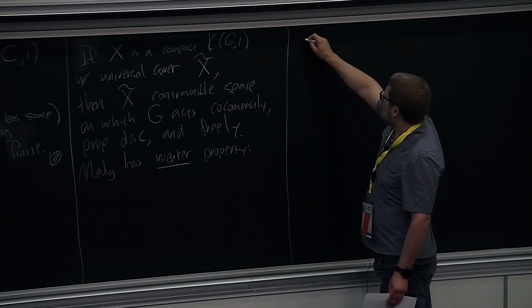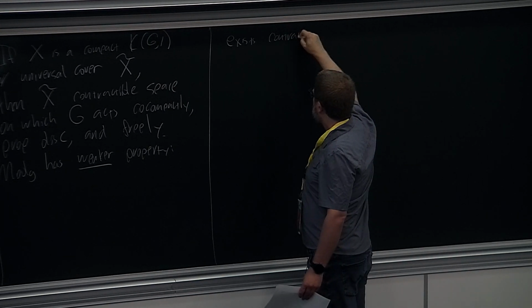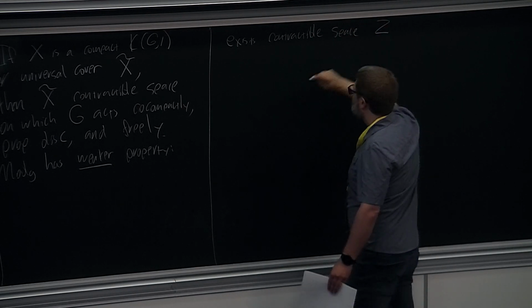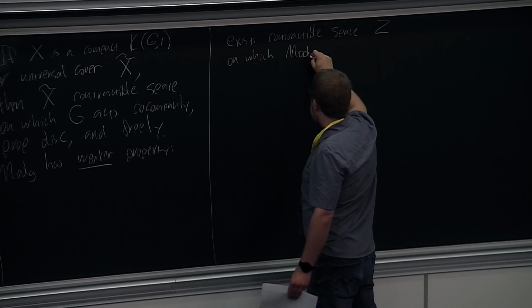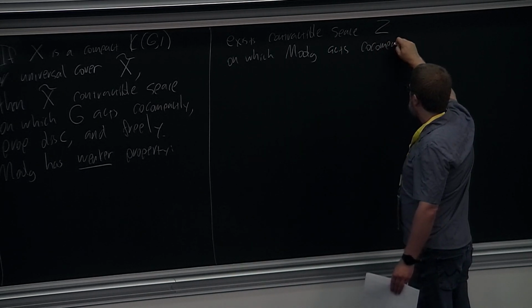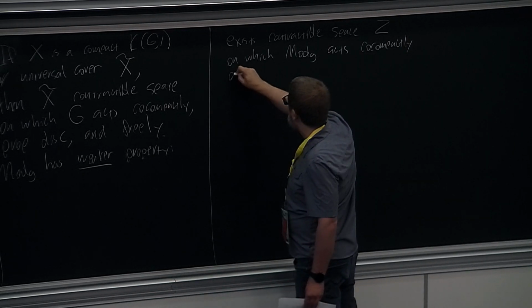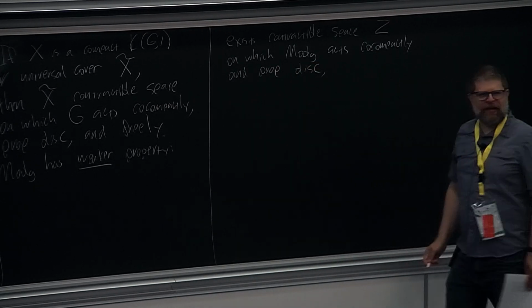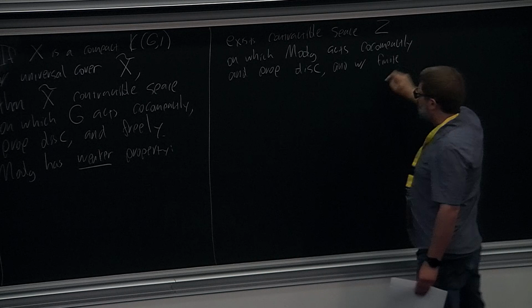So there exists a contractible space Z on which mod G acts co-compactly and properly discontinuously, but not freely, with finite stabilizers.